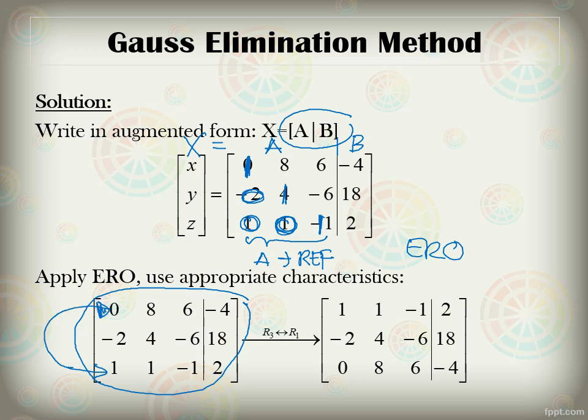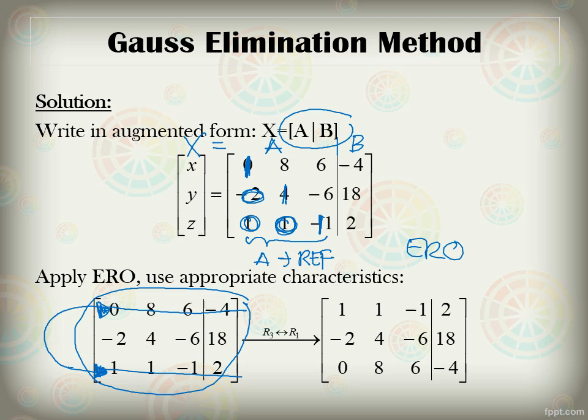And row 1 changes to become row 3. When you do that, it will involve the whole row. Interchange the whole row. Look at here.